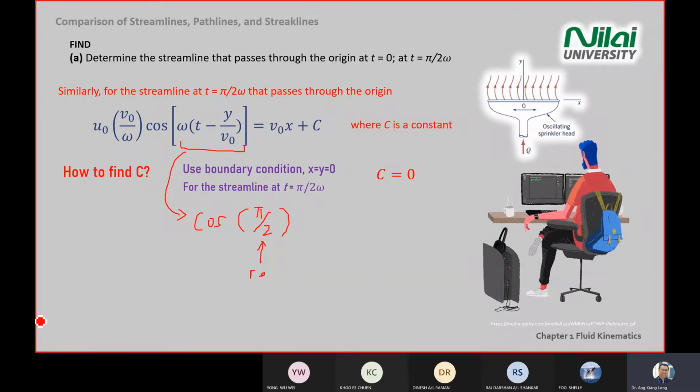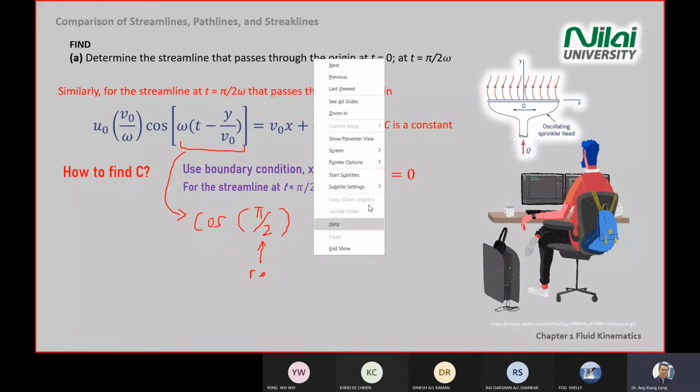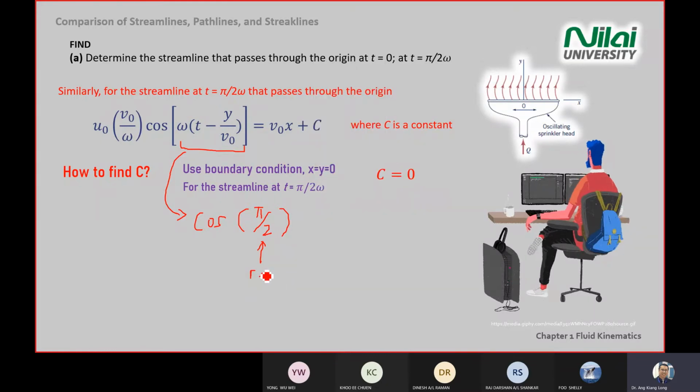Apologize for my mouse movement, it is not as sensitive as I need it to be. This is radian, but you know that your cos is in degree. So you need to change this radian to degree.